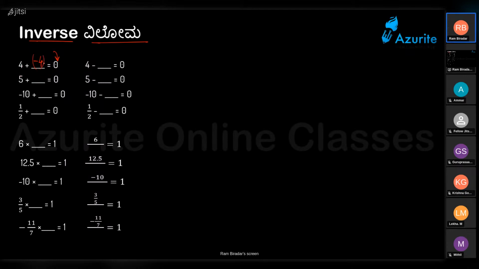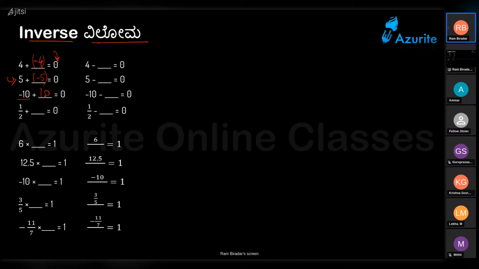4 and -4 will get cancelled, so the answer is 0. Now, what should be added to 5? -5 should be added. Now for -10, it is 10.